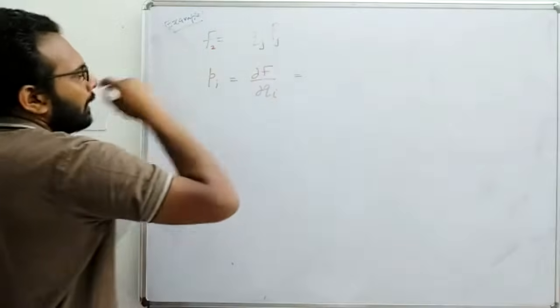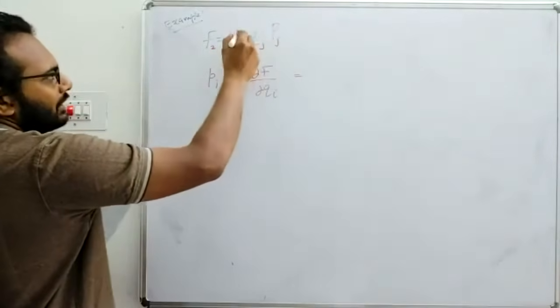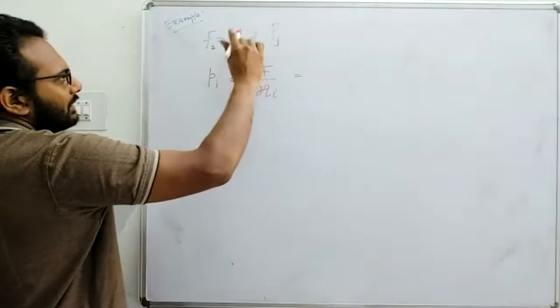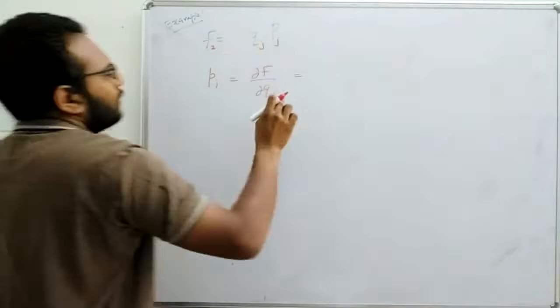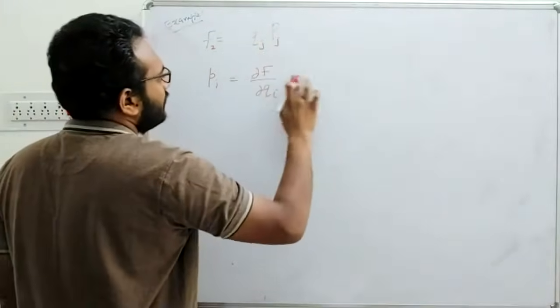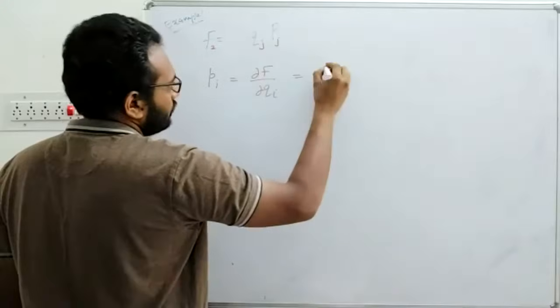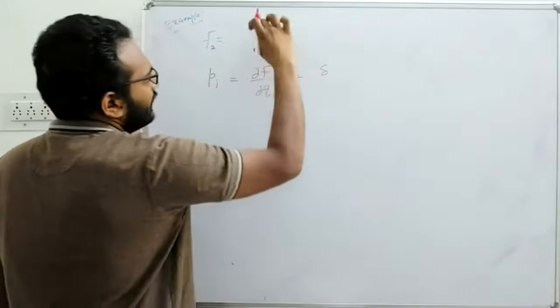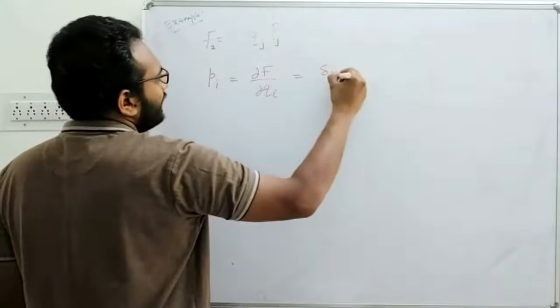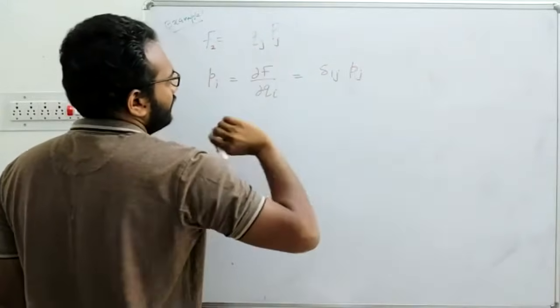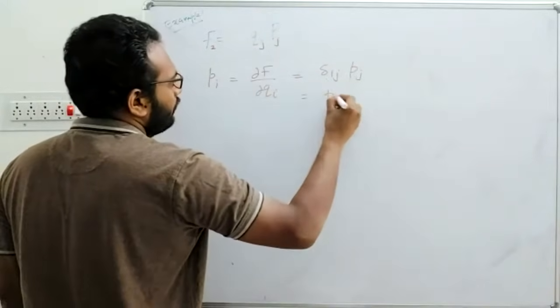The summation over j is implied, there's actually a summation over j, repeated index. Now dou F by dou Qi, because if you take dou Qj by dou Qi, you get delta ij Pj. Again, this is equal to P.